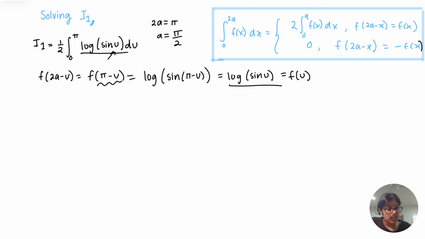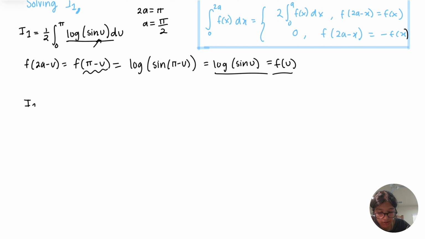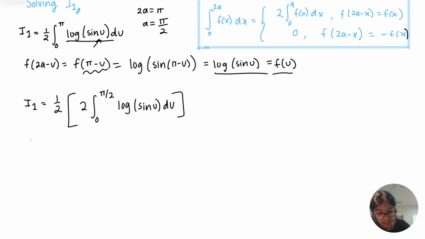So hence, it's not equal to minus f of u, so we do have to apply this integral right over here. So I'm going to rewrite I1 as 1/2 because we do have that 1/2 over here. And this is going to be equal to this part right over there: 2 times the integral from 0 to a, or 0 to pi over 2, of f of x, in our case f of u, which is log of sine u du.